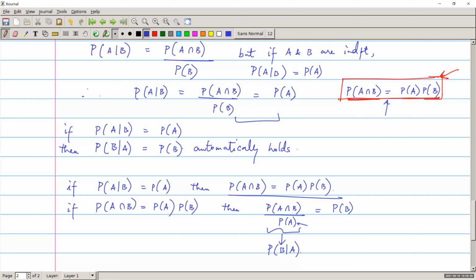Information here means that telling you that the outcome belongs to one event does not change the probabilities that you assign to whether this outcome belongs to another event or not. This is a very formal definition of what information is.